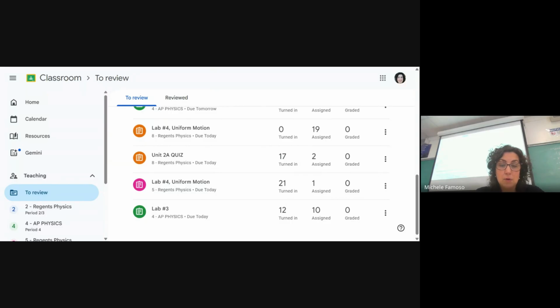Okay, so the velocities are constant because the graphs are lines and lines have a constant slope. The slope of a line doesn't change as you go along the line.